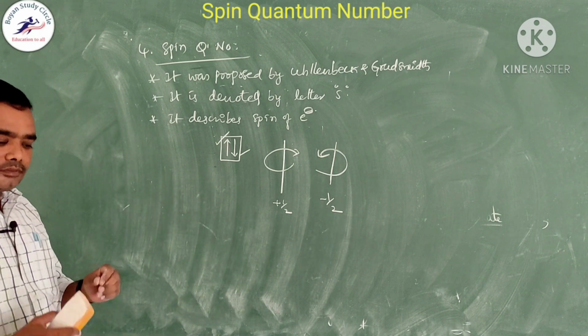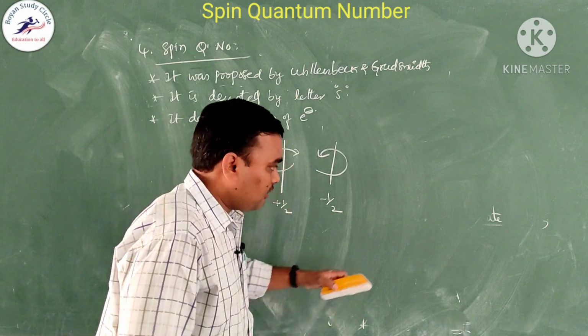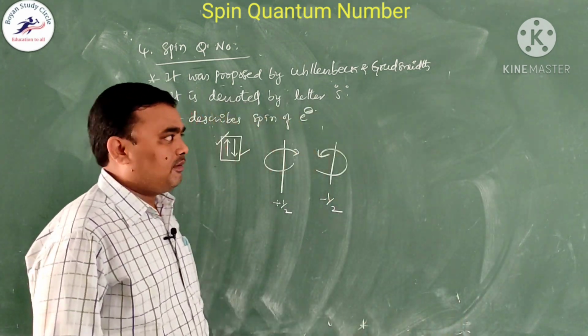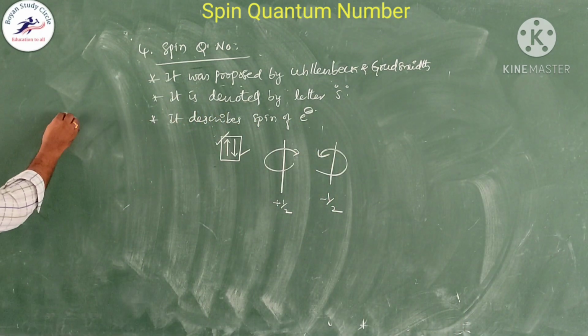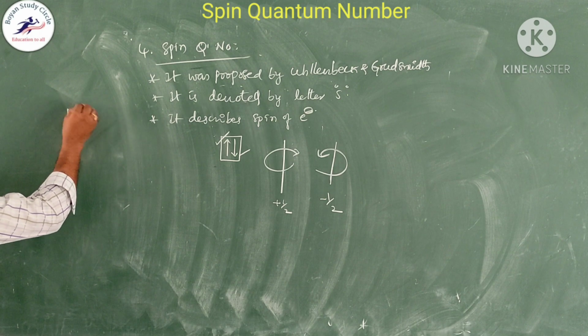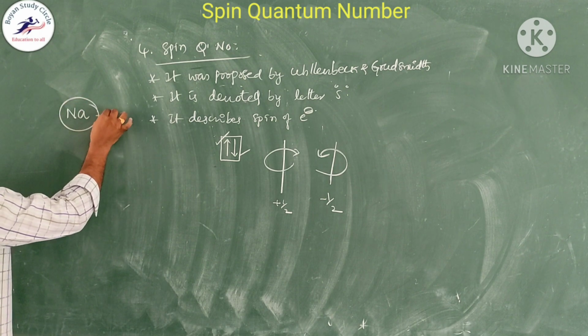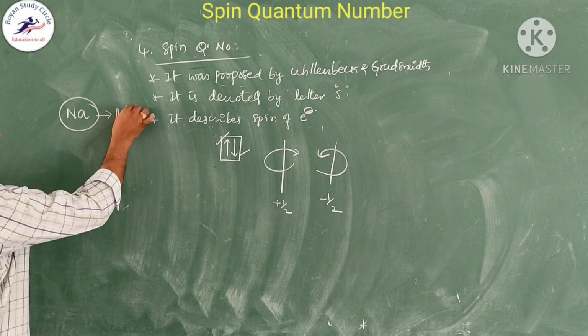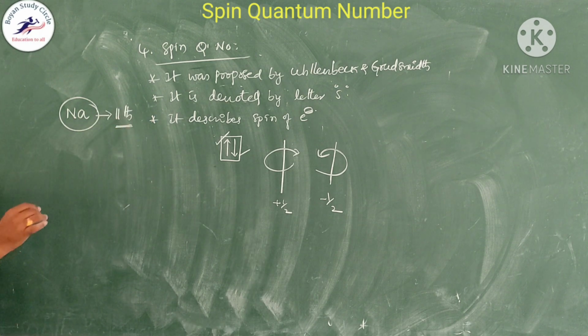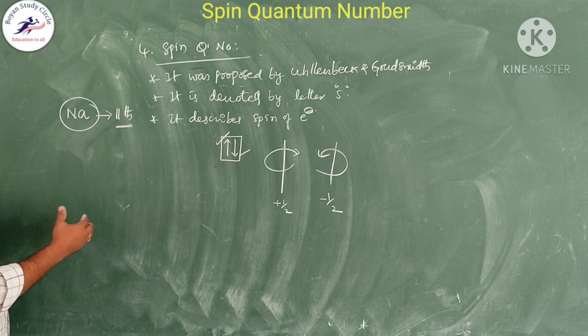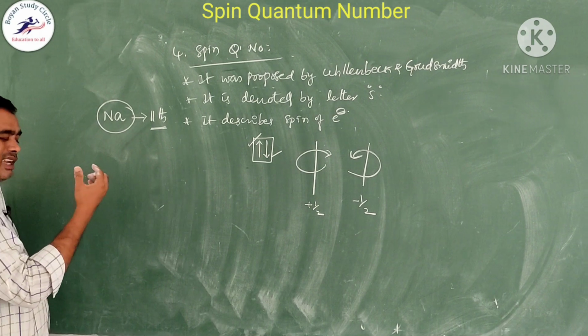For example, how can we write the quantum numbers for a given element? Suppose I want to write the quantum numbers of sodium's 11th electron. Later on we will come across electronic configuration, but I am trying to explain how to write the quantum numbers.